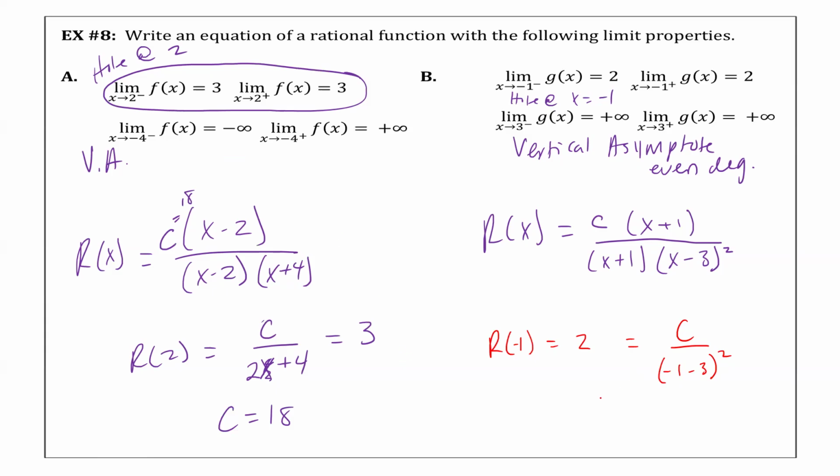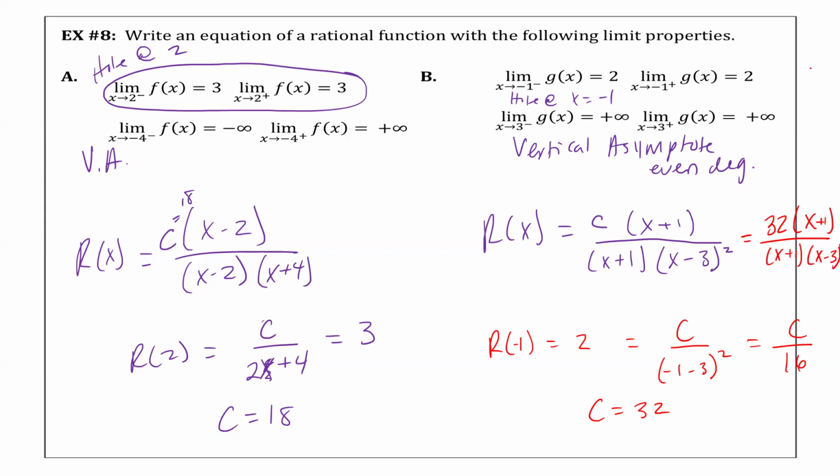So we go through the math and we end up with -1 minus 3 is -4. 4 squared is 16, so we have 16c. So the only value that c could be is 32. So we get c equals 32. Therefore, our function is 32 times x plus 1 over x plus 1 times x minus 3 squared.